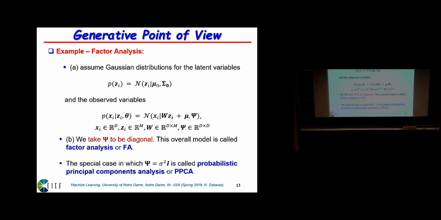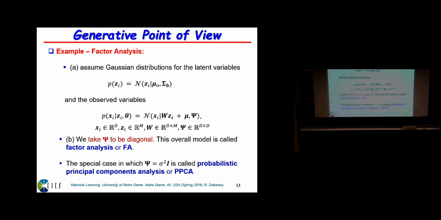What is interesting here is, in the generative model, what is psi? If psi is a general diagonal matrix, you get what is called factor analysis. If psi is basically sigma squared I, then you get principal component analysis.